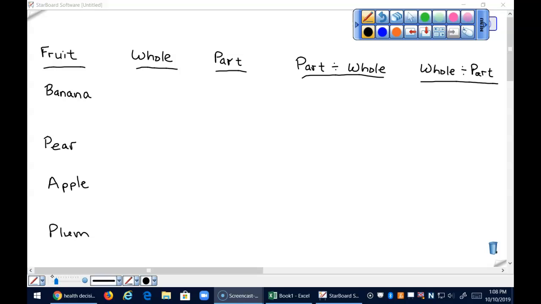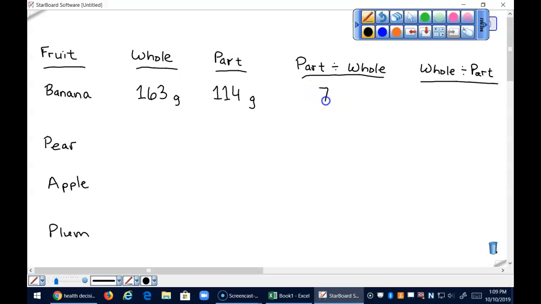So we've done our chopping and weighing and stuff, and somebody give me numbers for one of our fruit, and it was all fruit, no vegetables this class. For the banana, we had, it started as 163 grams, and it went down to 114 grams. Okay, and if you did the division, what was the part divided by whole or whole divided by part? Let's get both. That's the 70%.